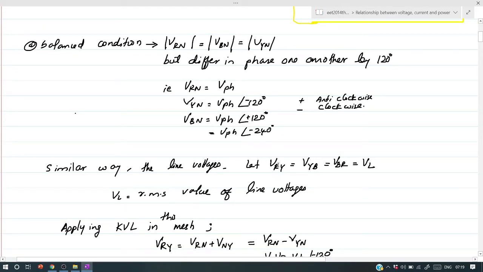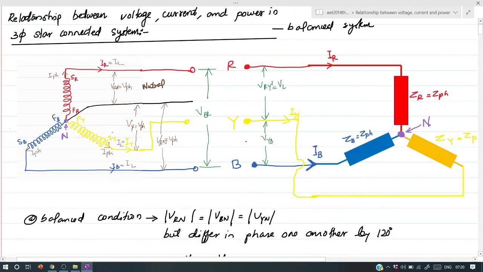Let VRY is equal to VYB, which is equal to VBR, which is equal to VL, where VL is the RMS value of line voltage. Now, when we apply KVL over this mesh, which is formed by R and Y, that is this part, the applied voltage VRY, that is the line voltage, is equal to this voltage.